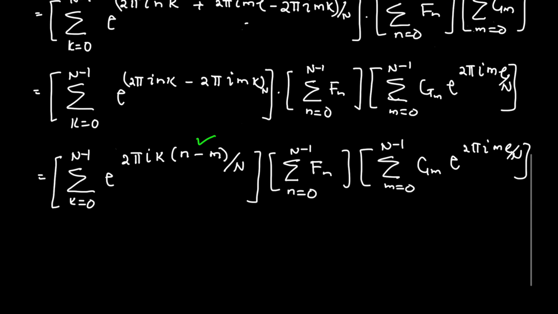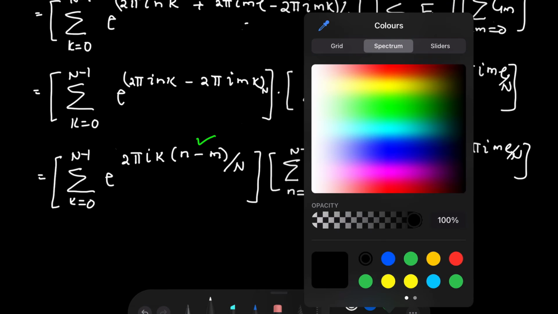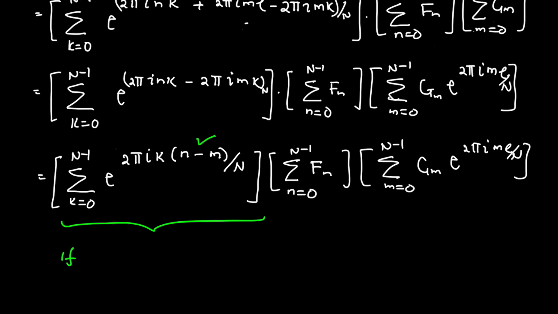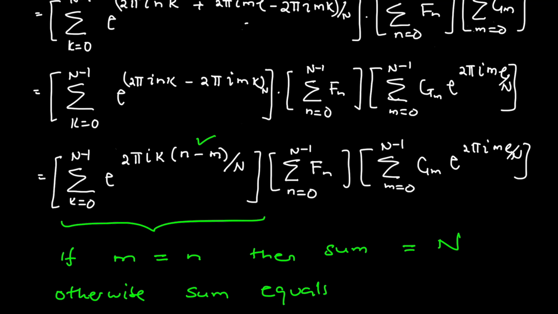Now if you look at this sum over here, it was proven that if m equals n, then the sum equals n. Otherwise, the sum equals 0.